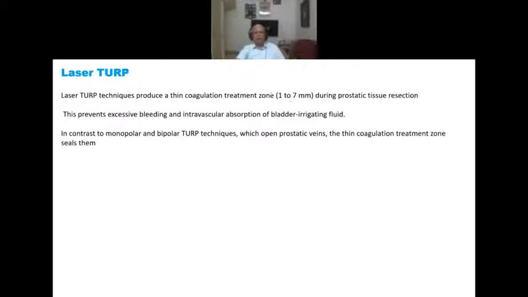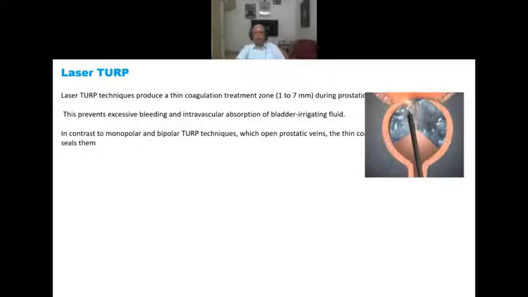It completely coagulates or burns the tissues, which prevents bleeding and intravascular absorption of bladder irrigating fluid. So in contrast to monopolar and bipolar, which open prostatic veins, the thin coagulation seals them. So there is no opening like this. You can see it touches the tissue, and the whole tissue gets completely burnt out.